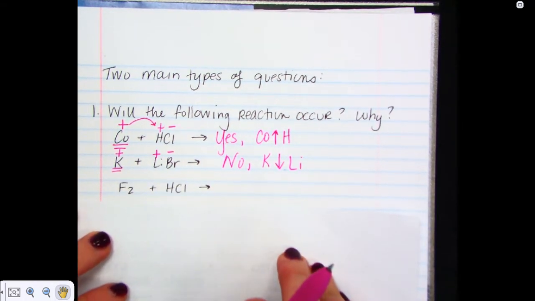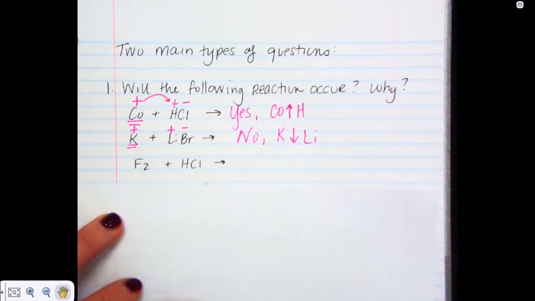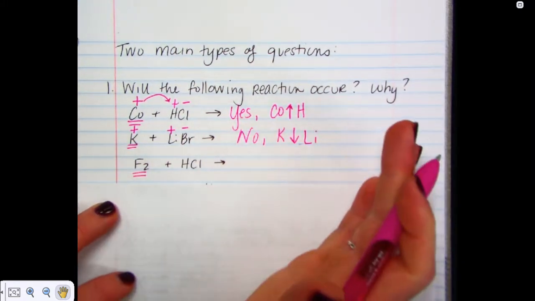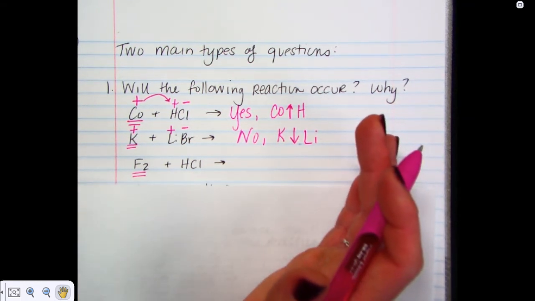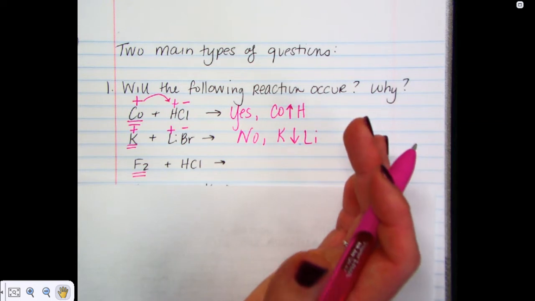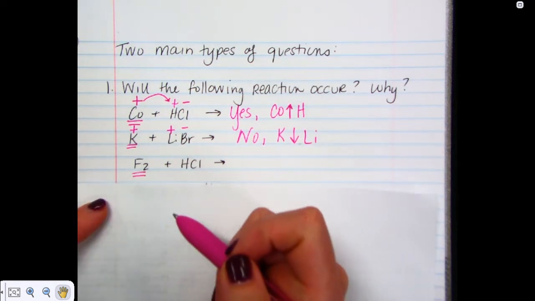F2 and Cl and HCl. So who's my single element? All right, so remember, fluorine's diatomic, but it's still the single element, right? It's the thing that's not paired with something else. Fluorine's paired with itself currently because it's diatomic, but it's not paired with something else, so it is still by itself. What's the charge of the thing by itself?